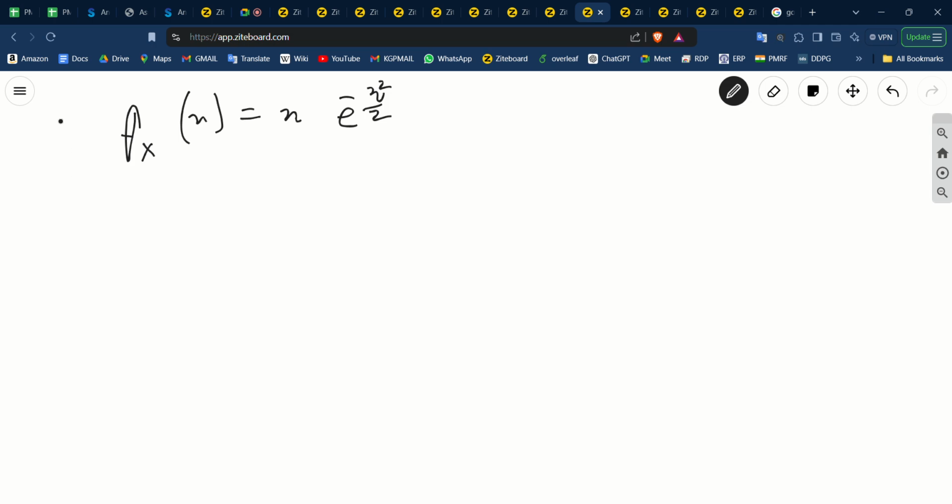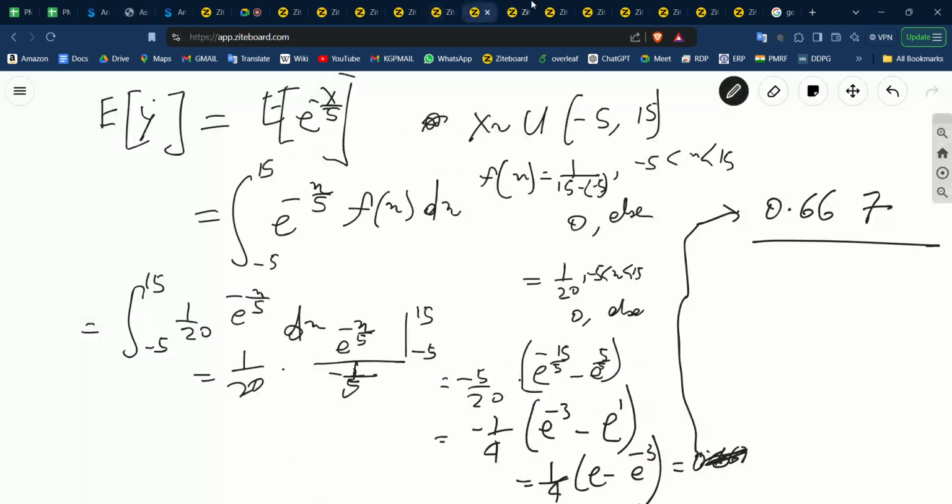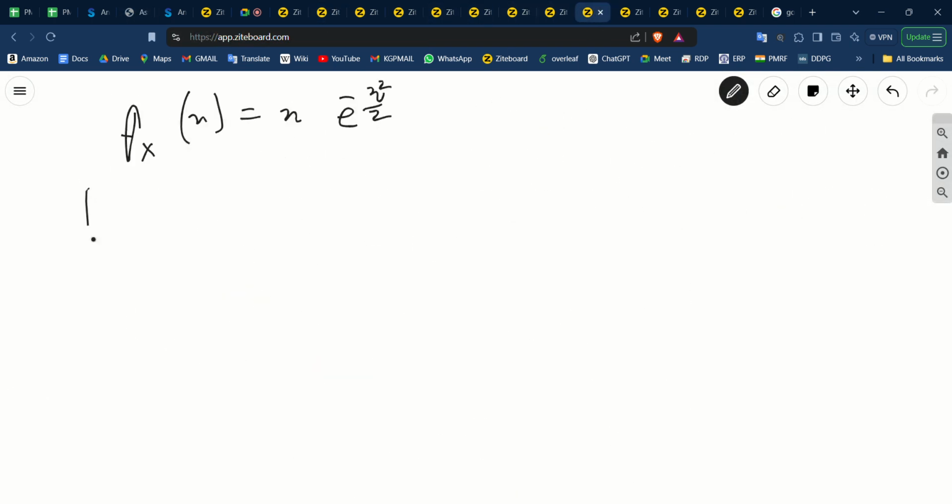Now, let's go ahead and say that if x is greater than V, if it exceeds the threshold level of V volts, then we get a false detection. So P(x greater than V) should be equal to 0.0001. That is the problem statement.